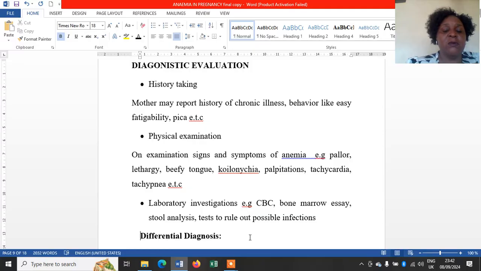So this is one of the diagnostic evaluations when you start to think about whether this mother may be having anemia.